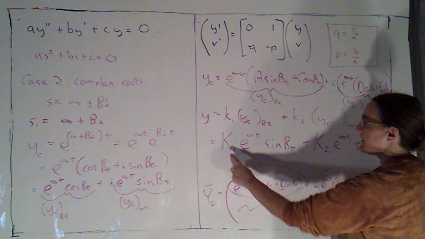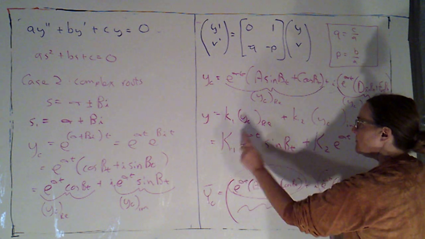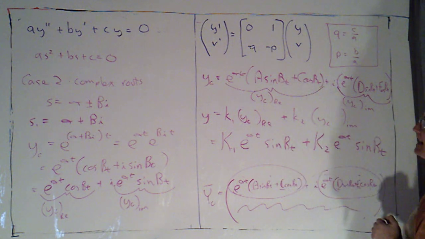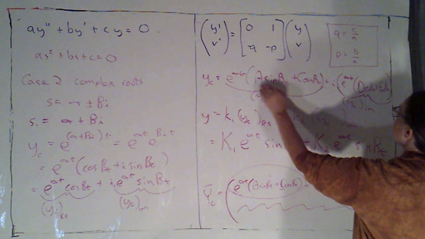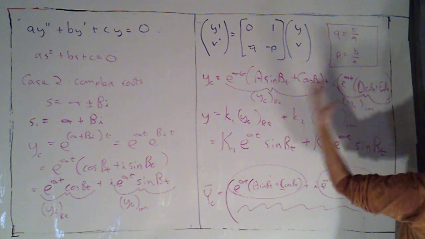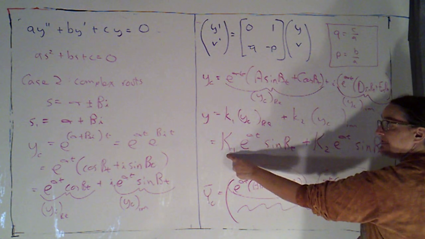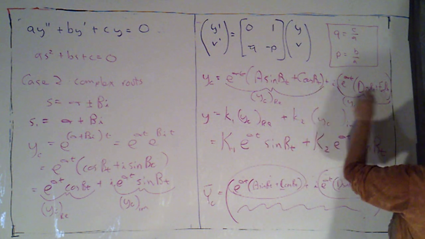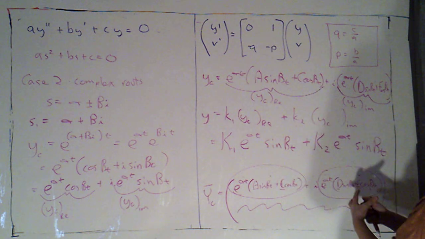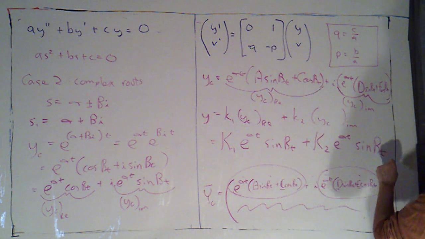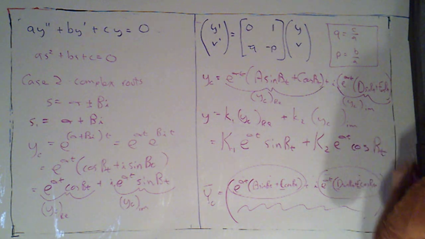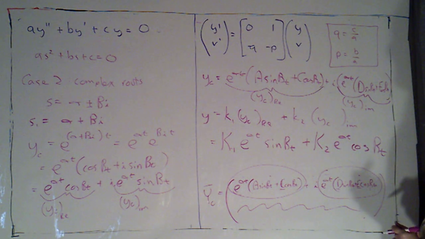All I've done here is I've said let K1 be the total number of copies of e to the alpha t times sine of beta t that I have. I'm going to have some sines here and maybe some sines here. Just consolidate them. That's how many copies I have. I'm going to have maybe some cosines here and some cosines here. Just consolidate them, and that's how many cosines I have.